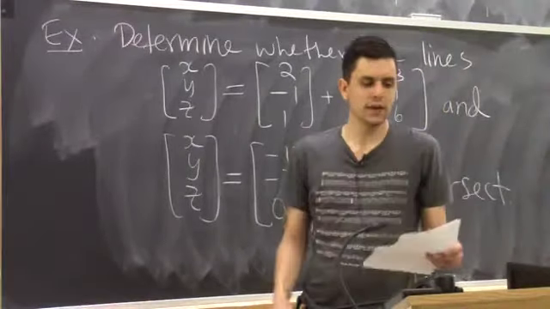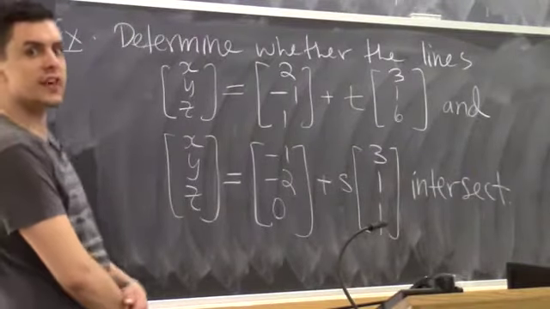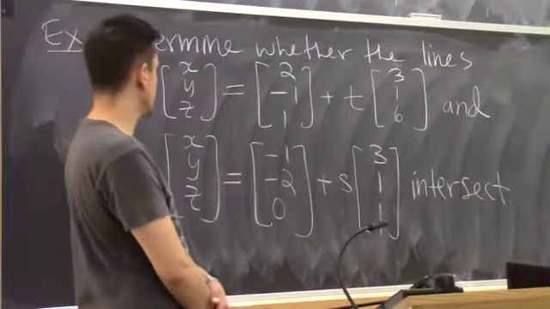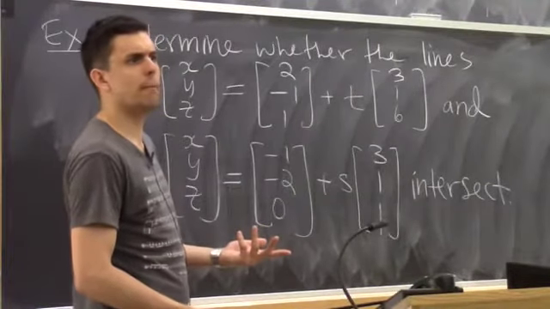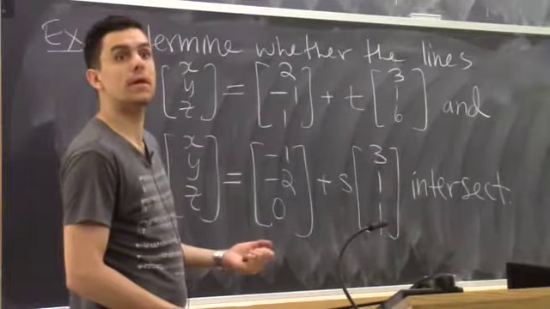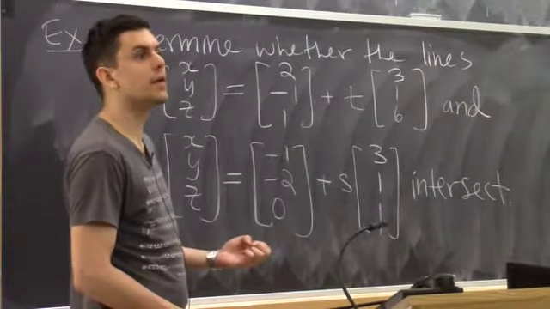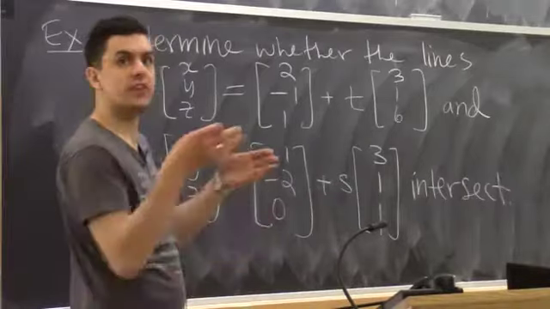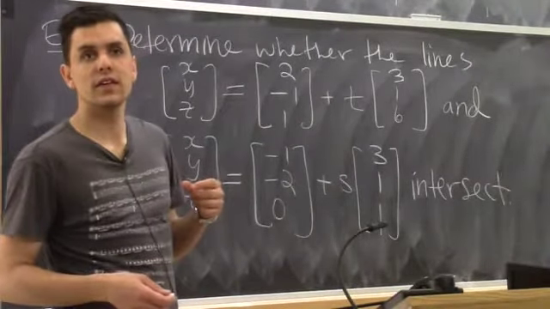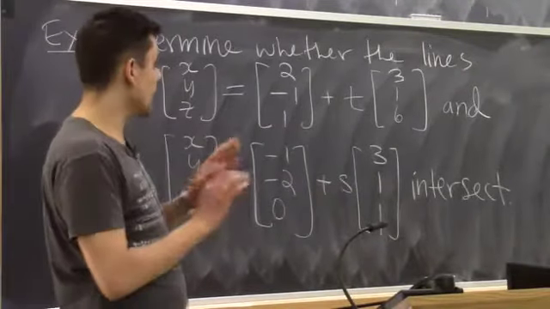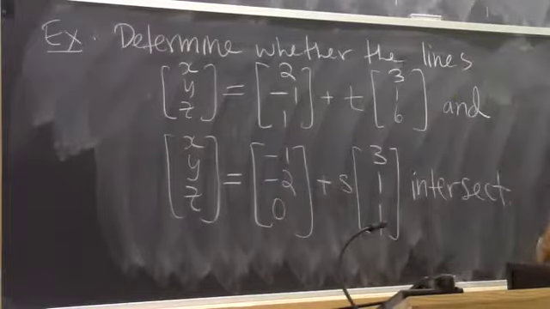Let's determine whether these lines intersect or not. How should we set this up? What should be our first step? Right, to see if the lines run into each other. Yeah? You put them in terms of x, y, and z. Yeah, we can just write everything in terms of x, y, and z. Good.